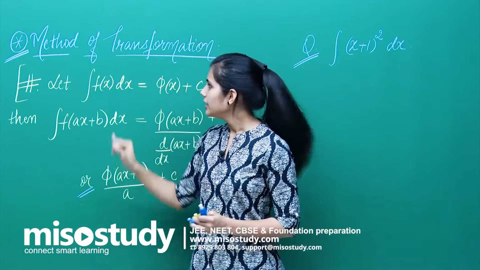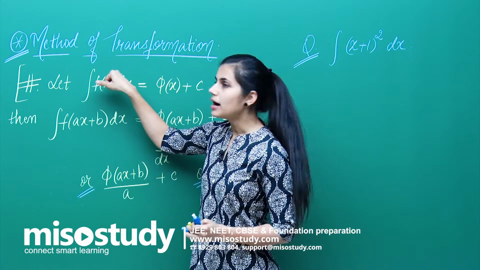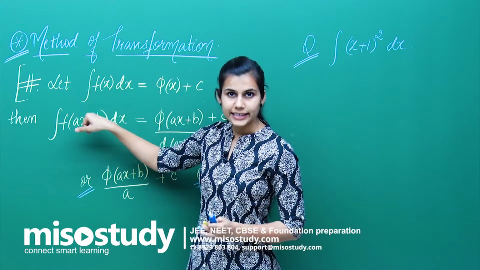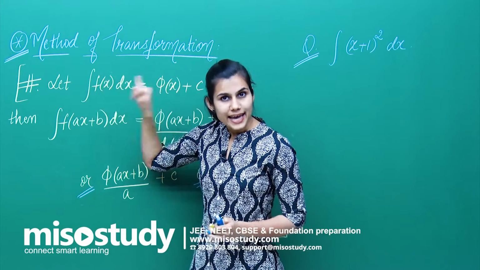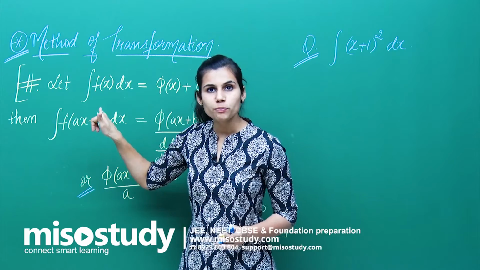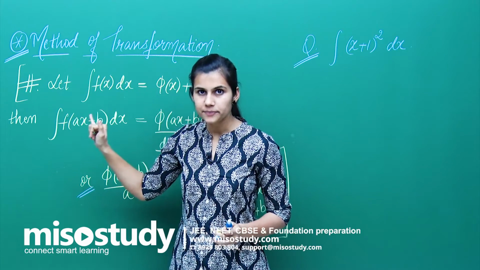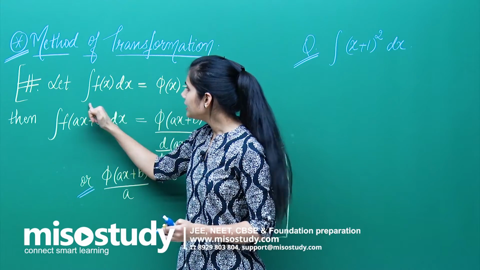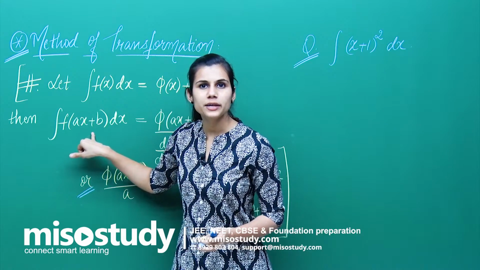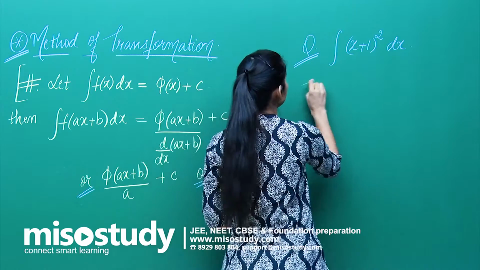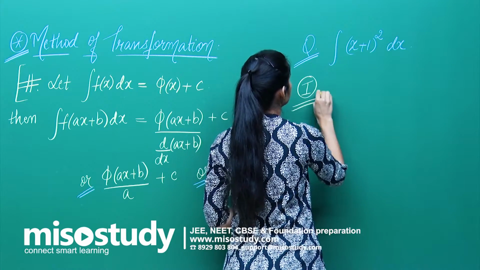We all know integration of x to the power 2 is what? x to the power 2 plus 1 upon 2 plus 1, which is x cube by 3, right? So if integration of f x you know, you can calculate integration of f of ax plus b. Okay? So let me write this as 1.